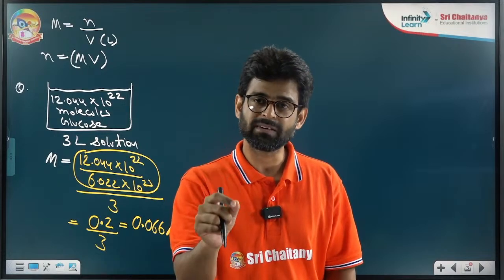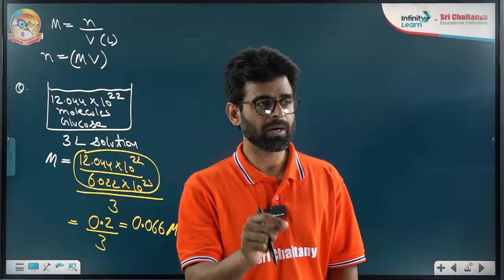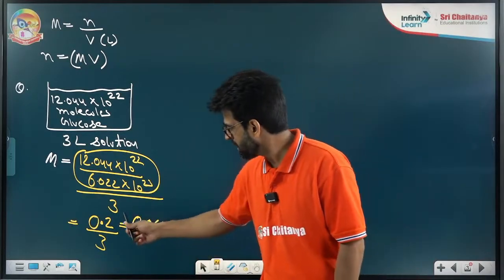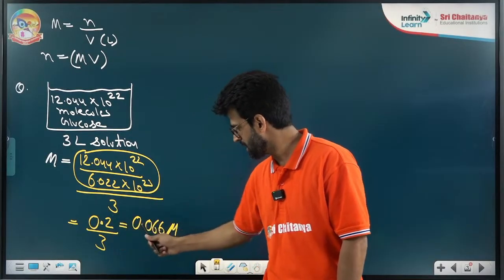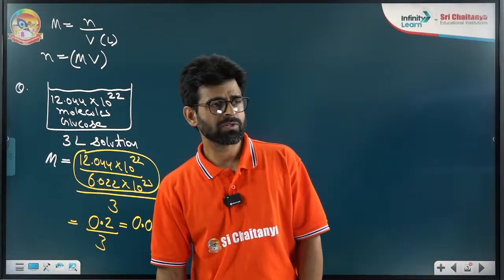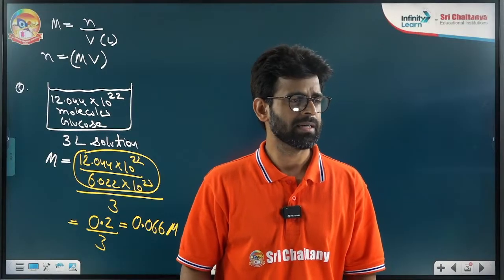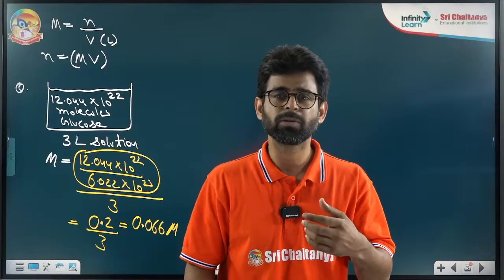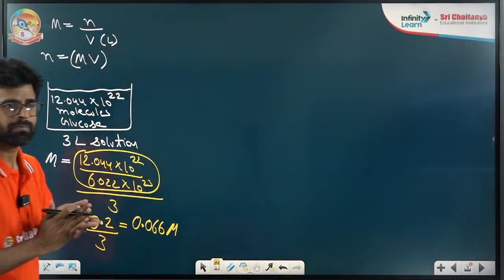One of the options definitely contains 0.6 also, but you have to be careful, 0.066. Because 0.2 is coming from here, divided by 3, definitely it will be less than 0.2. That is 0.066. One or two, three students made this mistake. Monica also wrote 0.66. No, 0.066 or 0.067. Okay, fine. I hope we are clear now.